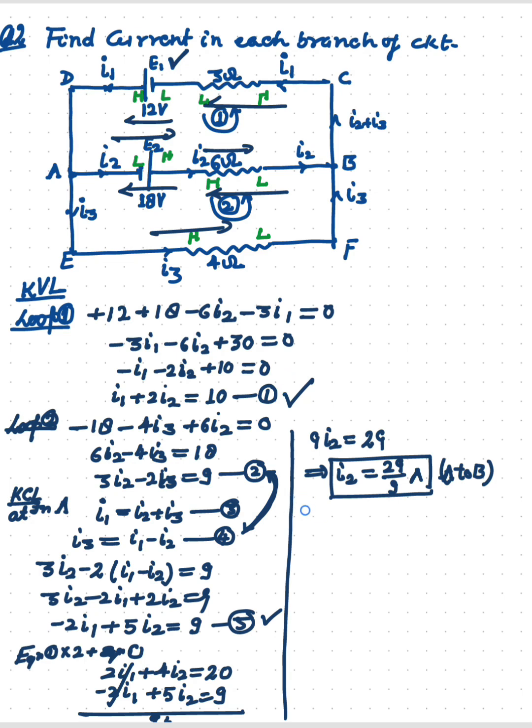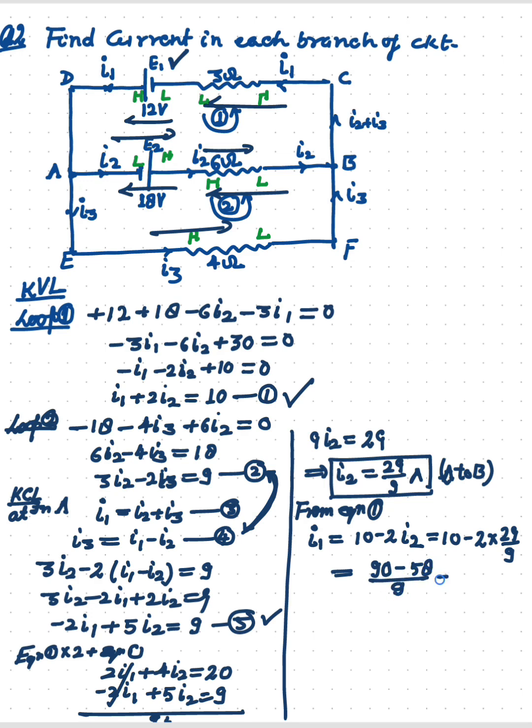Now I1 we can find from equation number 1. From equation 1, I1 will be 10 minus 2I2. Any problem? No. So this means 10 minus 2 times I2, which is 29 upon 9. Let's solve this. This will be 90 and 29 times 2 is 58, so 58 upon 9.